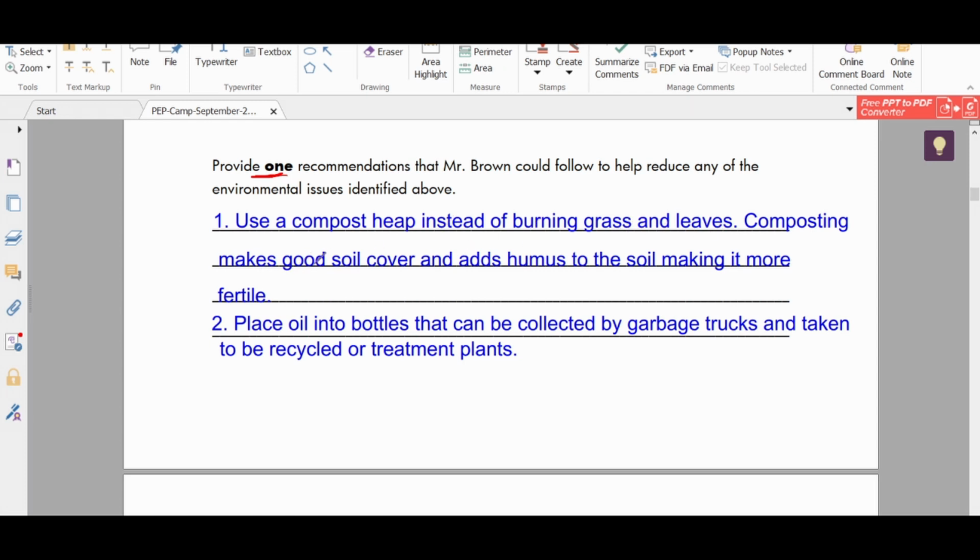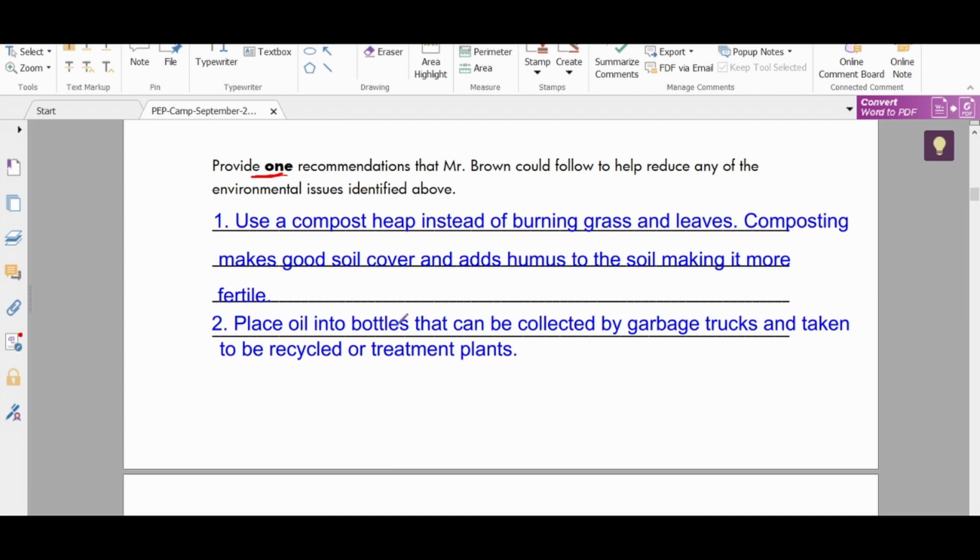Composting makes good soil cover. We could take that material and cover areas, like around tree roots, and in so doing, it adds humus to the soil, making it more fertile.